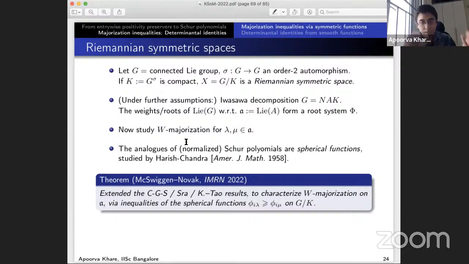They did it via inequalities of the form: the spherical function for lambda dominates the spherical function for mu, on this Riemannian symmetric space of non-compact type or compact type or Euclidean space. These inequalities turn out to subsume lots and lots of the past inequalities I mentioned on the previous few slides.